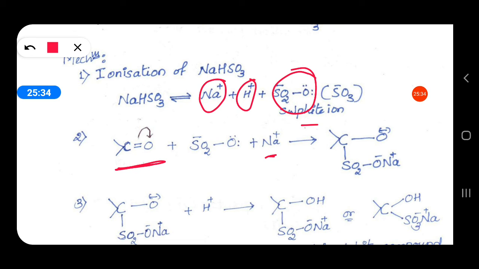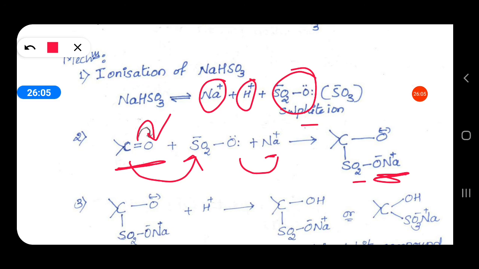In the presence of the attacking reagent, the pi electrons are shifted onto the oxygen. Oxygen gets a negative charge, carbon gets a positive charge. To that, the sulfite is added. And the sulfite group is acidic in nature, so with its lone pair of electrons it reacts with Na plus. So here a salt is formed.